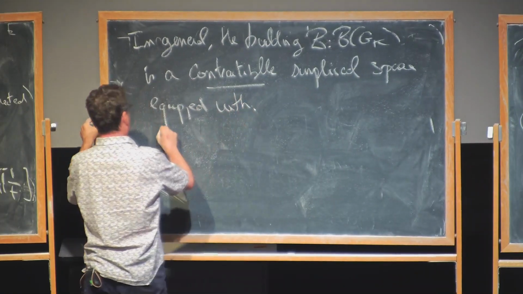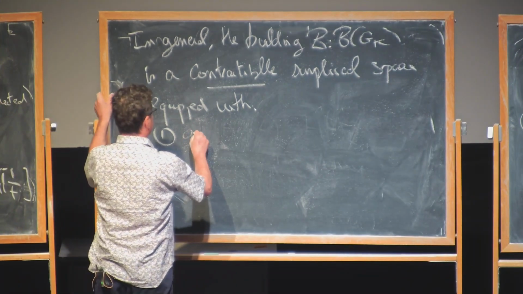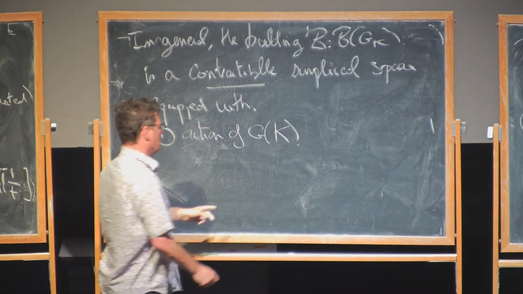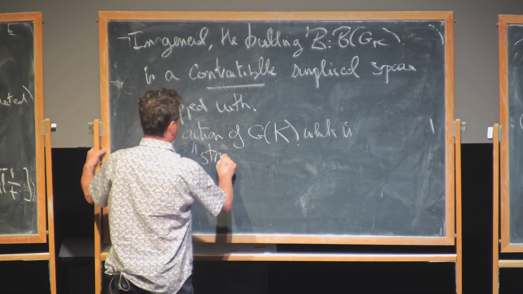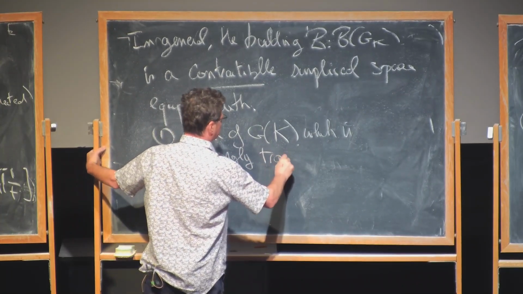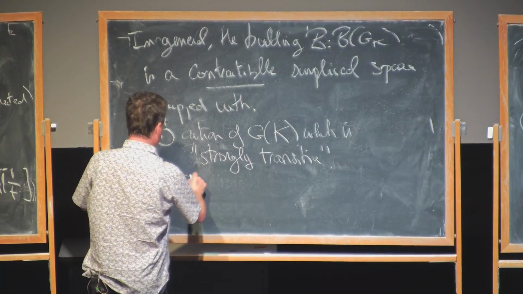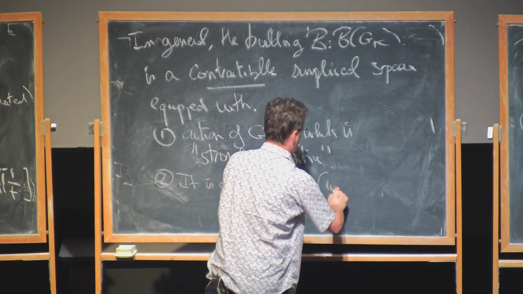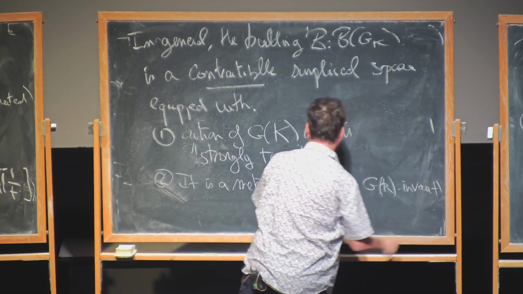First, you have an action of G(K) on it, which is strongly transitive. I will say later what I mean precisely. And secondly, it's a metric space, with a G(K)-invariant metric.